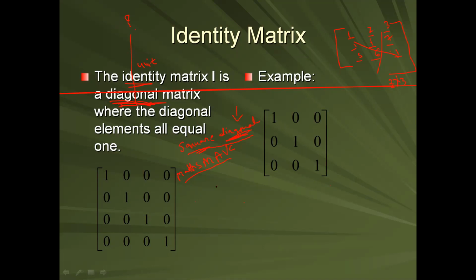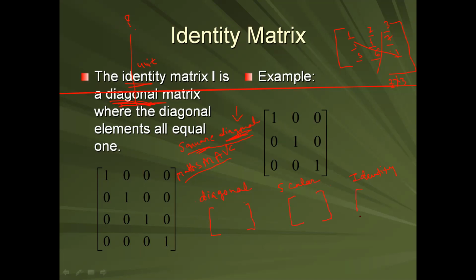Now I'm giving an example over here. To make it completely clear, let us do all three examples together: diagonal, scalar, and identity. Diagonal matrix means, see, all these are square matrices only, always.